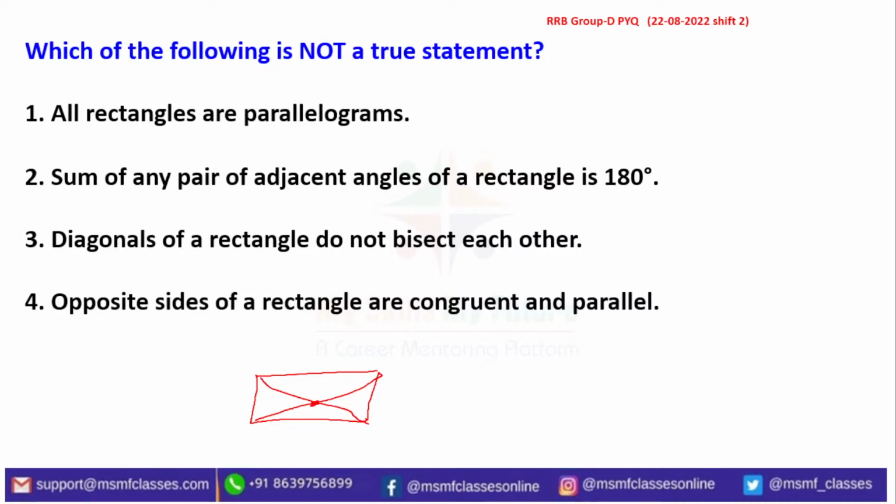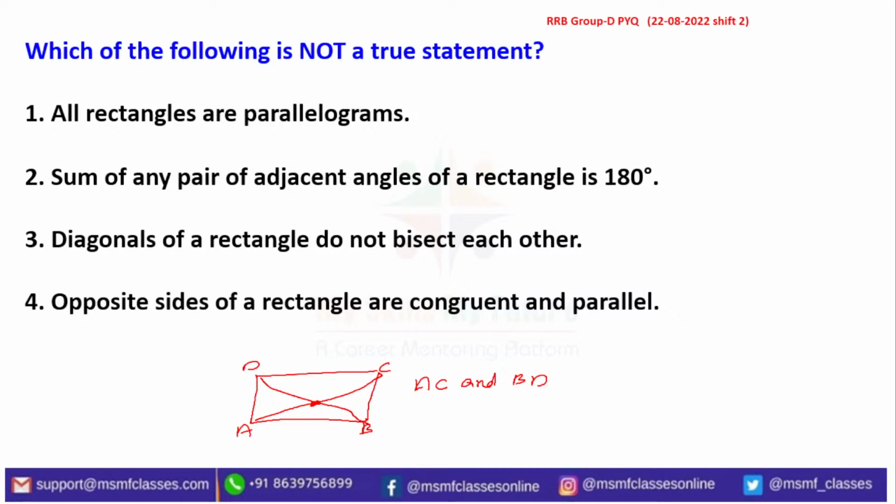They bisect at some point. Diagonals of a rectangle intersect at some point. So AC and BD intersect each other.